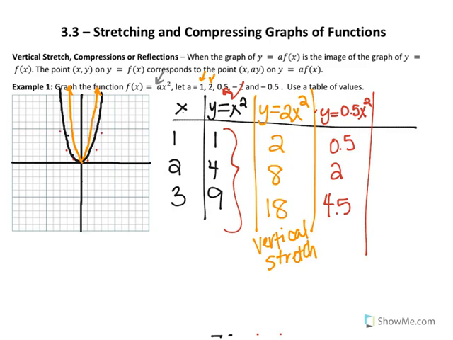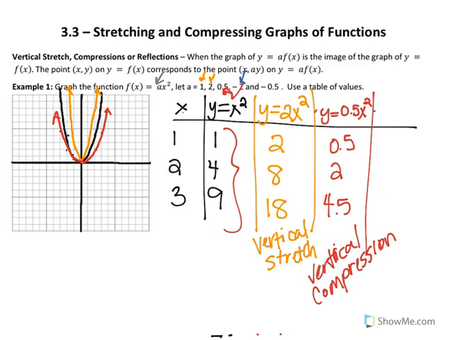So what you should notice about this is it has become wider. So we call that a vertical compression. And it's by a factor of a half, and we can tell that it's going to be a compression because it's between 0 and 1.